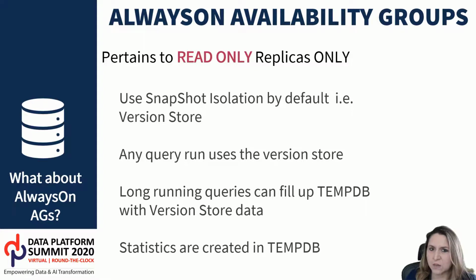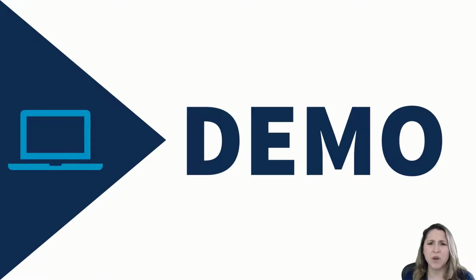So note in the back of your mind that availability groups have to do with the statistics and the version stores when it comes to Tempdb. Now let's dive into a demo and let me show you what the 2017 memory grant feedback and the 2019 table variable deferred compilation actually do in the system, which is really cool.